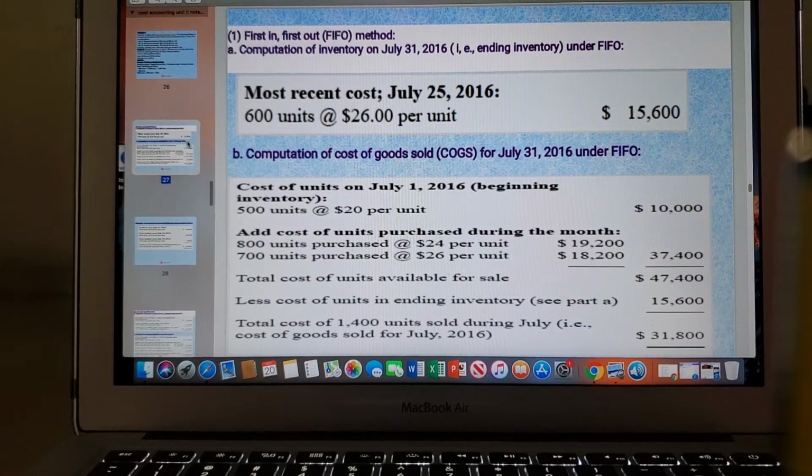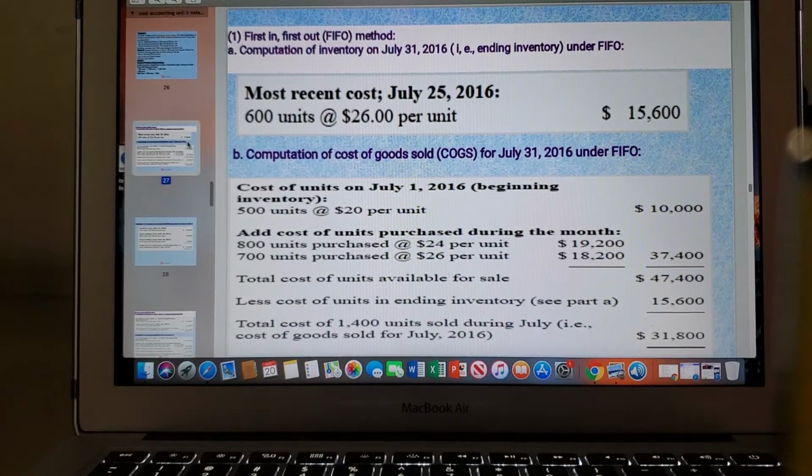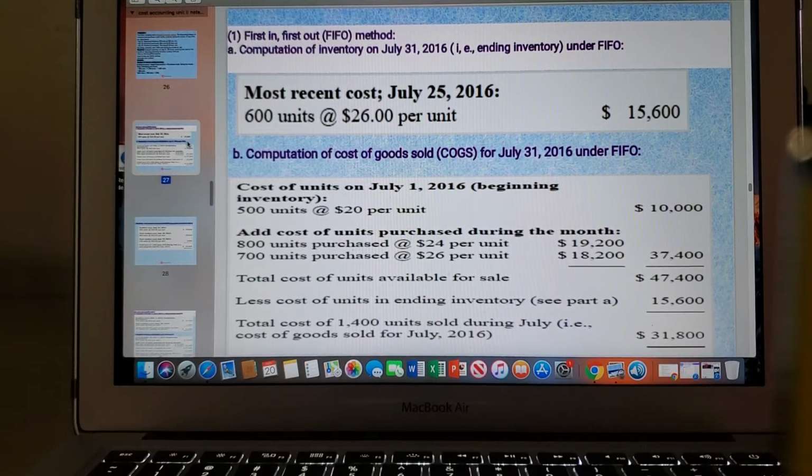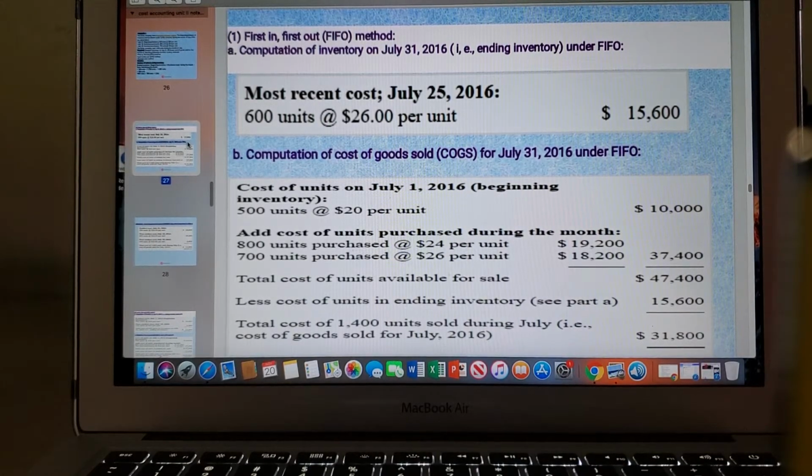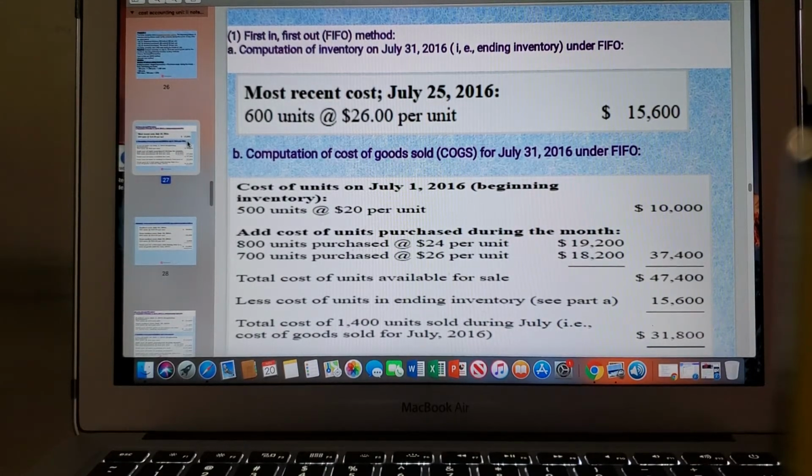Add cost of units purchased during the month. 800 units purchased at $24 per unit, which comes to $19,200. 700 units purchased at $26 per unit, which comes to $18,200. So that is $37,400 of units purchased during the month.